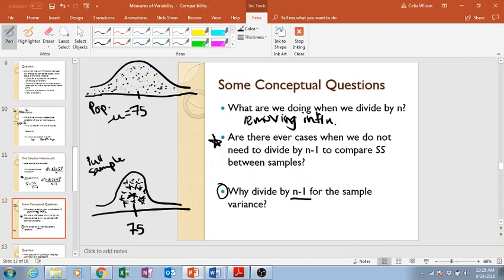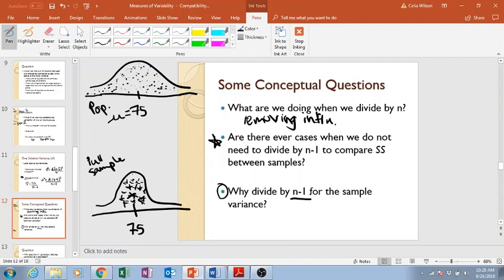Which one of these, the population or the sample, is more spread out? Right? So we have these people here under the curve, and we have these people under this curve. All right, so our sample is less spread out. Our population is more spread out. So less variability, more variability, right? Can you see that?